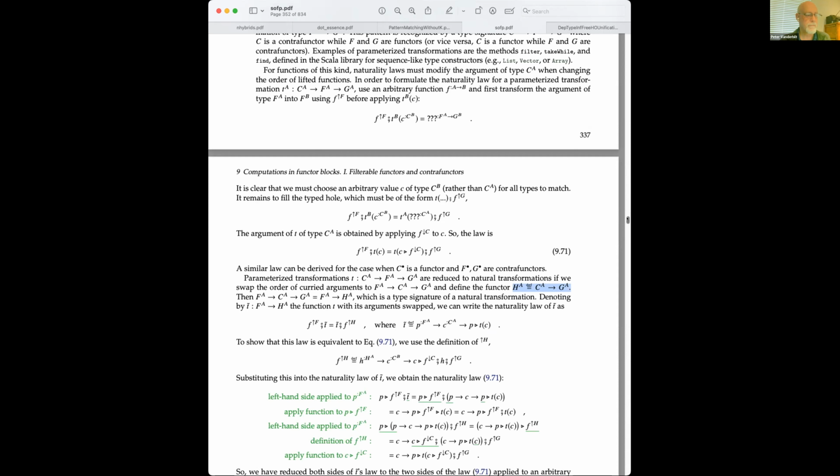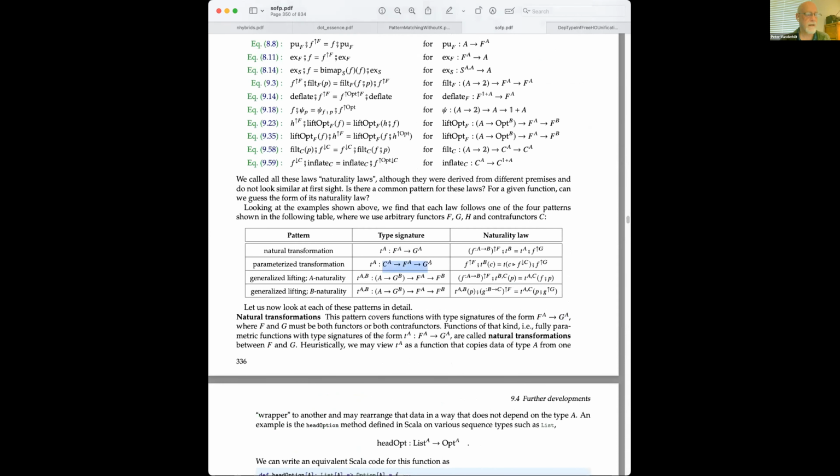A function from C of A to F of A to G of A is kind of like a function from C of A cross F of A to G, and you can flip them, turning this into a functor from F of A to C of A to G of A. He shows how to do that, and then your naturality laws are just the natural transformation laws applied to that modified functor, which I thought was kind of interesting.